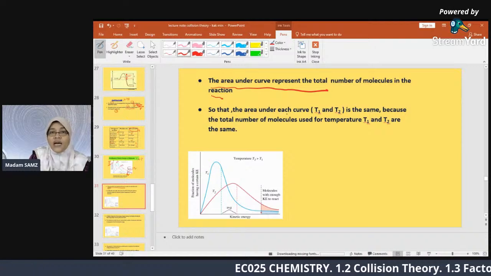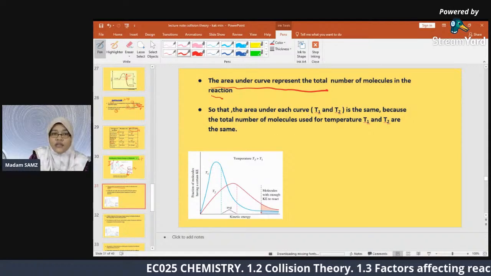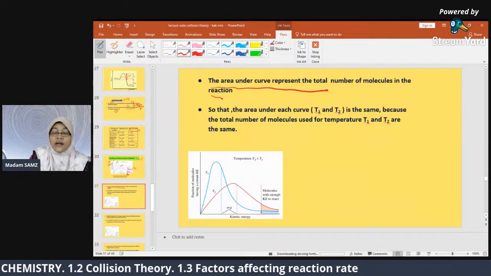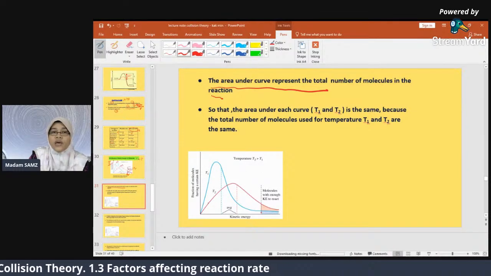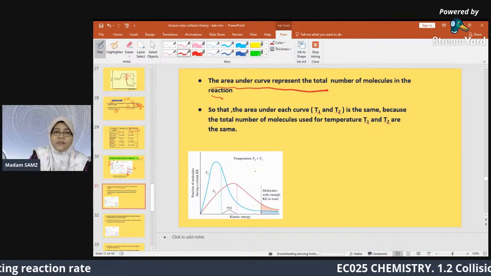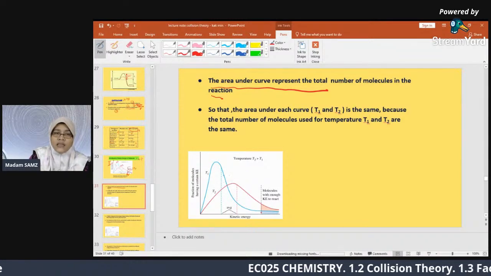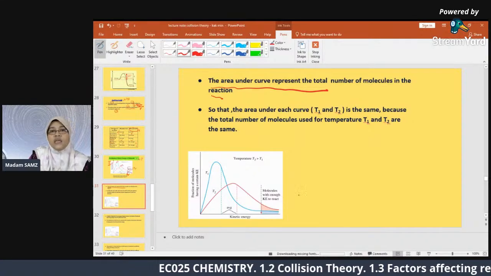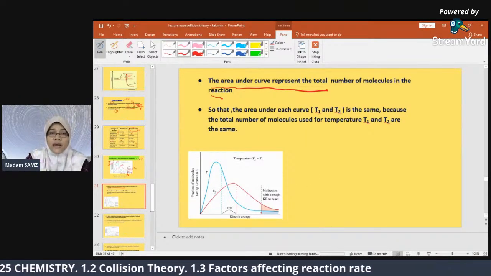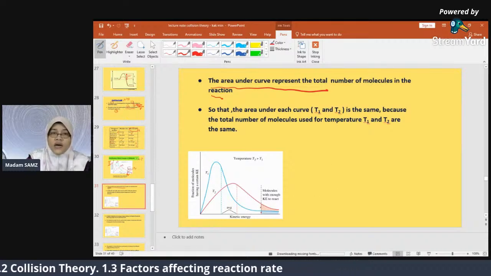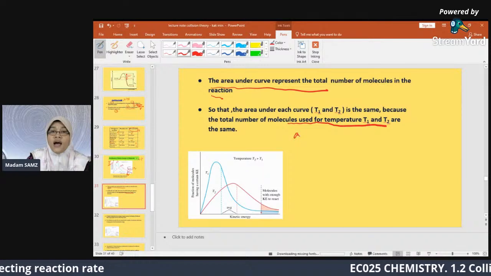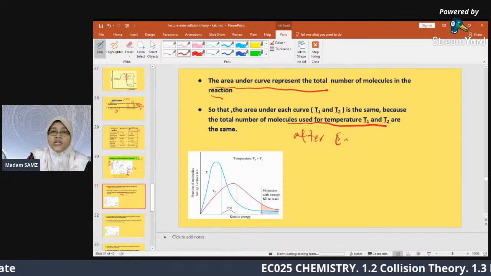So that the area under curve for T1, kita tengok kita kamiran dalam matematik, kalau kamiran graf ni akan dapat luas, so that the area under curve T1 and T2 is the same. Kalau kamu kamirkan T1 punya graf dengan T2 dia adalah sama sebab we maintain the number of molecule, but kita nak tengok di sini adalah the total number of molecule of T1 and T2 after activation energy.